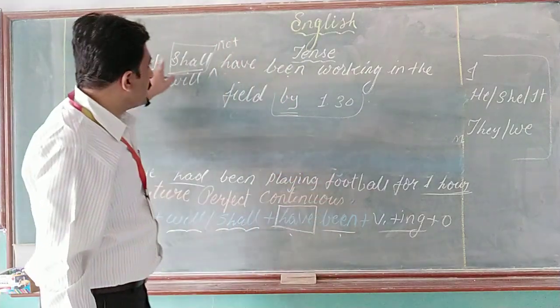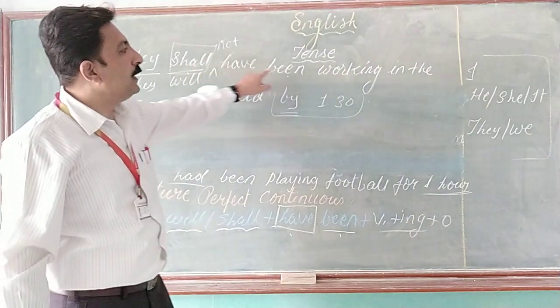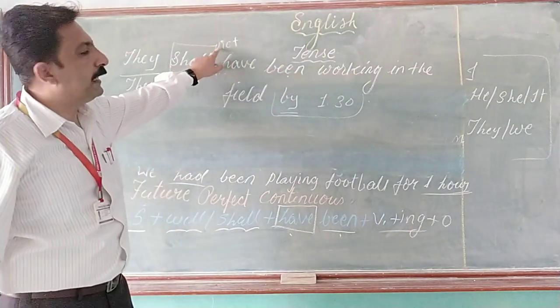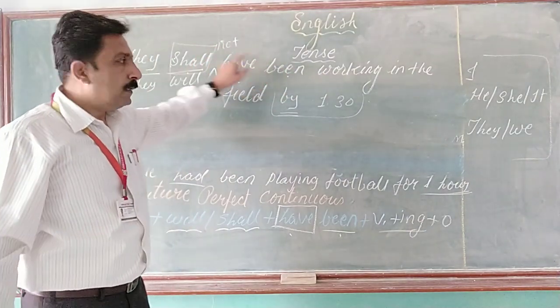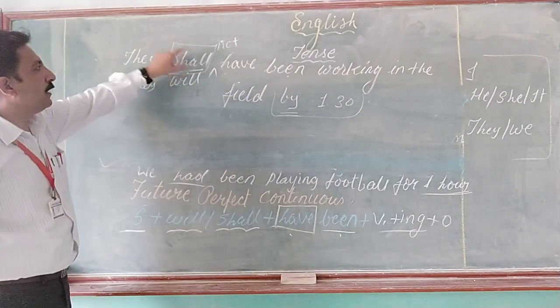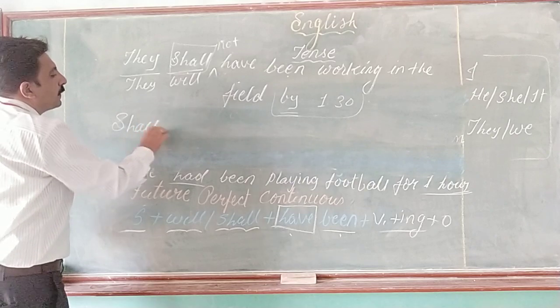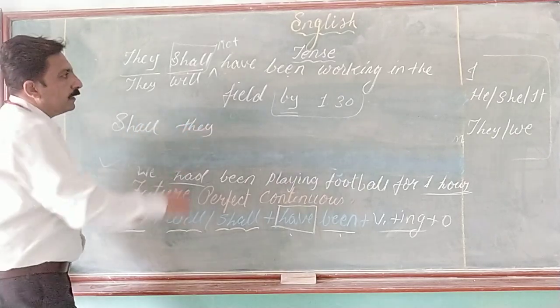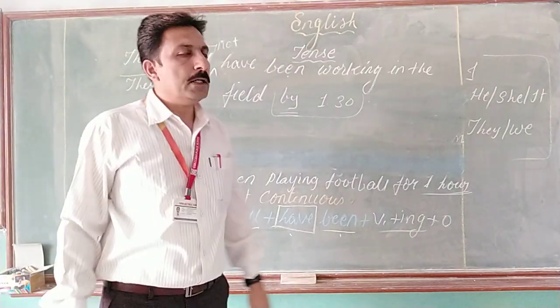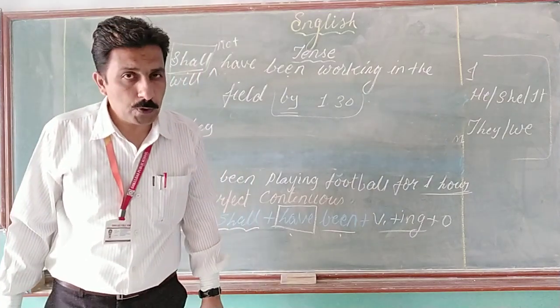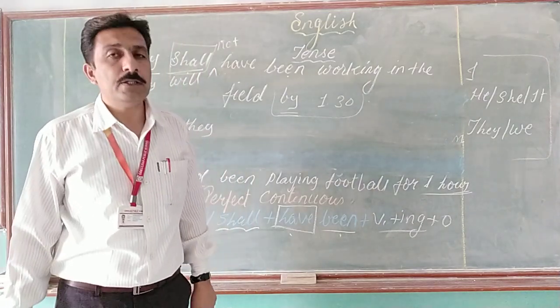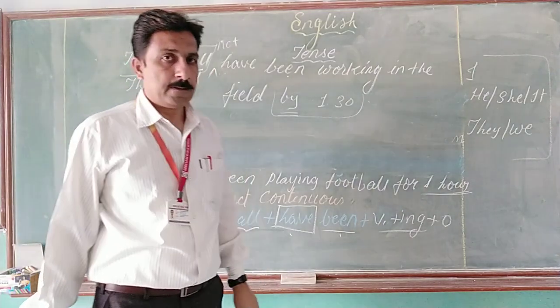So the negative is, they shall not have been working in the field. Only we add "not" here. And in interrogative sentences, shall comes in the beginning. Shall they have been working in the field? This is the question.